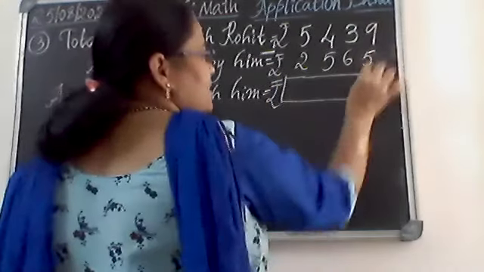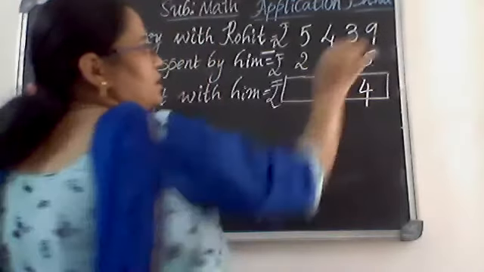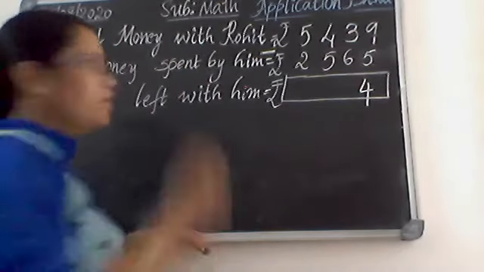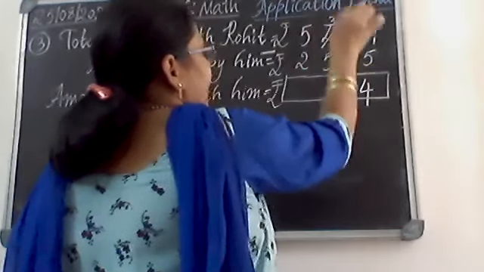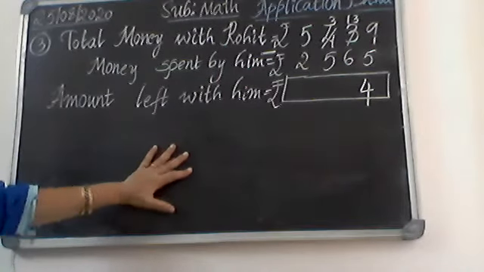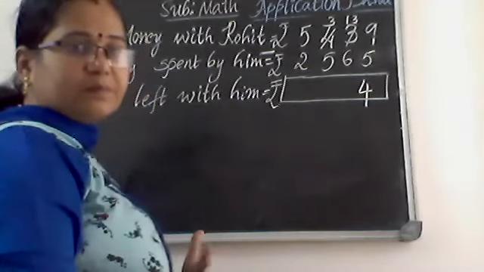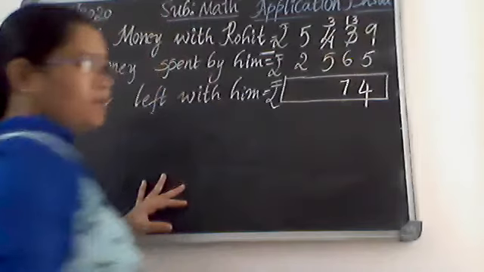9 minus 5 is 4. 3 minus 6 can be done, children? No. We have to borrow from the neighbor. So the neighbor 4 will decrease to 3 and 3 will become 13. So 13 minus 6, how much, children? 7. 3 minus 5 can we do, children?